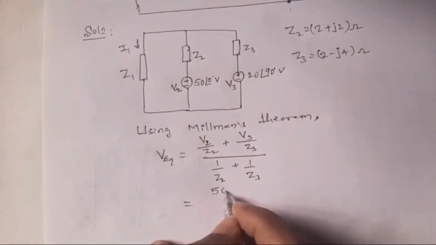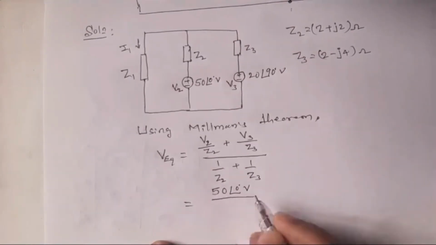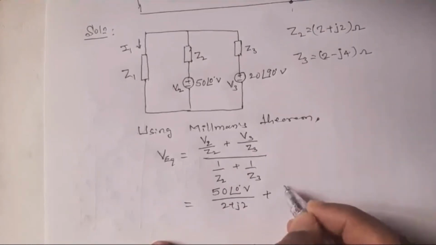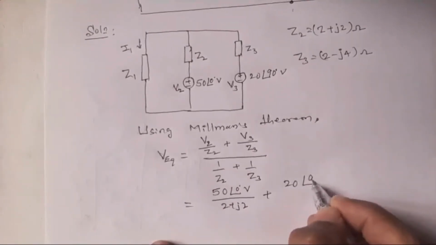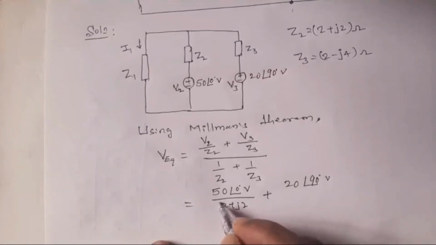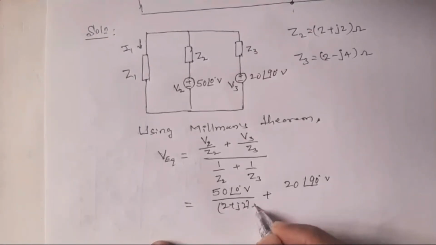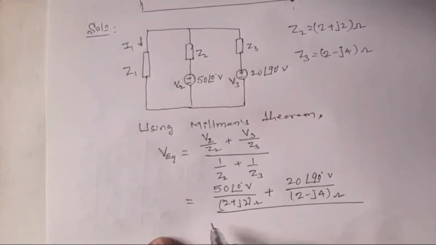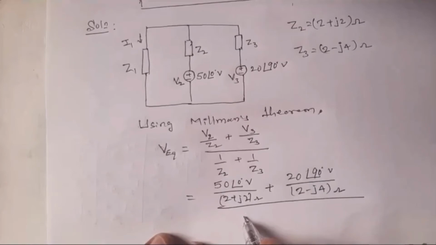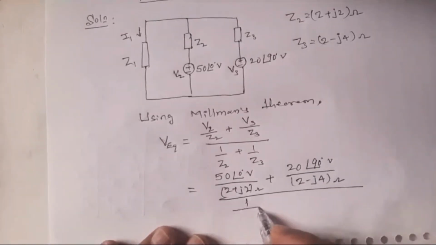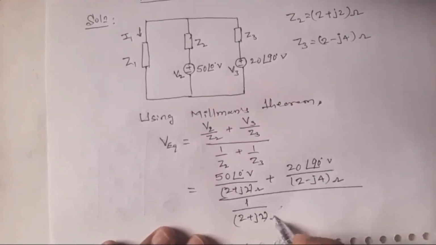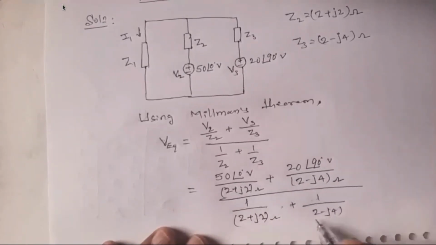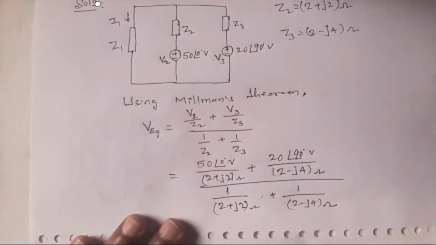It is 50 angle 0 degree volts divided by Z2, which is 2 plus j2, plus 20 angle 90 degree volts divided by 2 minus j4, and the whole divided by 1 by Z2, which is 1 divided by 2 plus j2, plus 1 by Z3, which is 1 divided by 2 minus j4. I have just substituted the values.